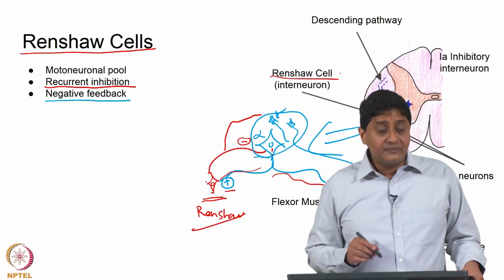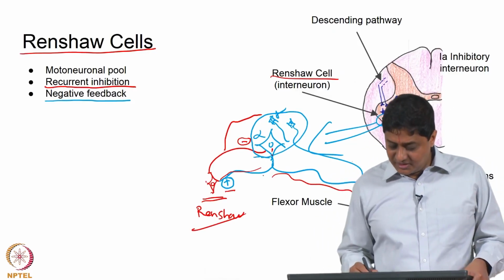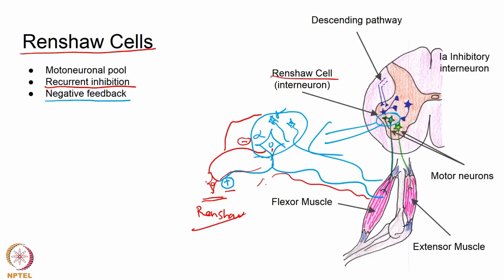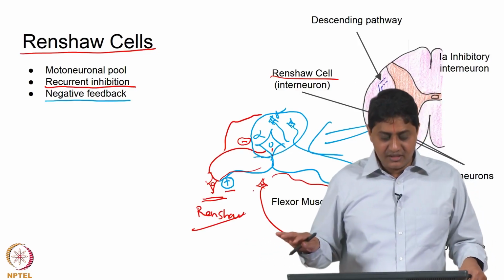This is already written elsewhere, also written here. There may be other interneurons, not shown in this picture, that will inhibit the opposite muscle, the antagonistic muscle, or that may excite the opposite muscle. When that happens, that is different, and will be discussed in future classes.